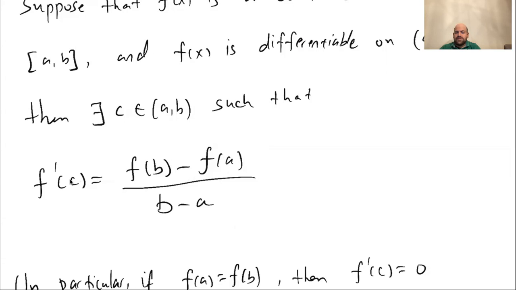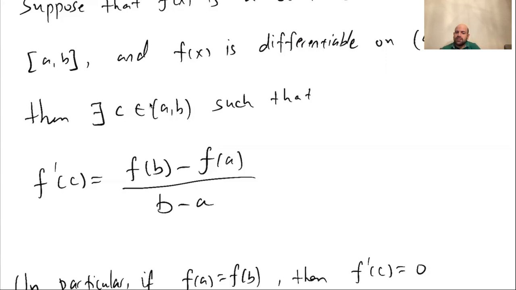So f prime of c is equal to the slope of the secant line connecting a and b, and f prime of c is the slope of the tangent line. So the slope of the tangent line at c equals the slope of the secant line connecting a and b. And the slopes of two lines being equal means the two lines are parallel to each other.